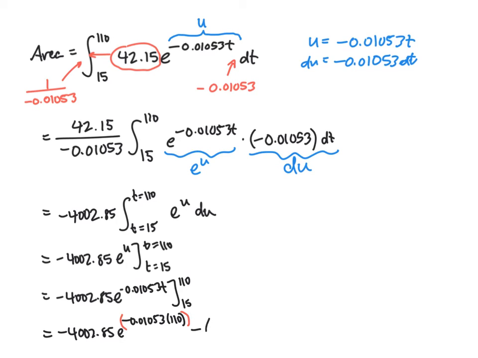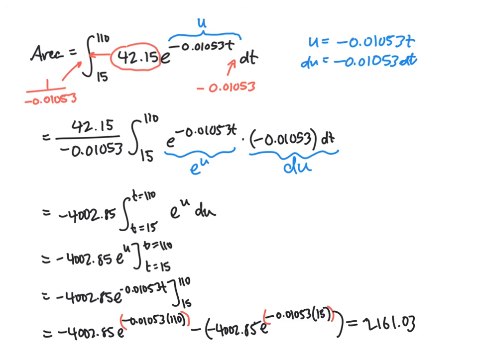And then minus negative 4002.85 times e to the negative 0.01053 times 15. And again, make sure that when you type this in your calculator, you put that exponent in parentheses. When I work all that out using my calculator, that's going to work out to be 2161.03.